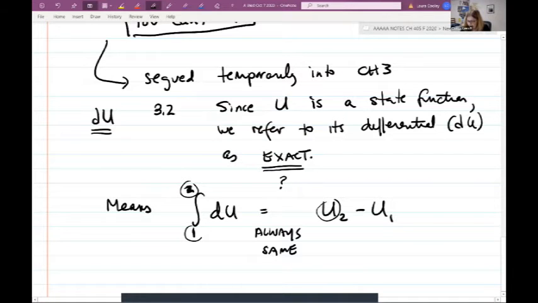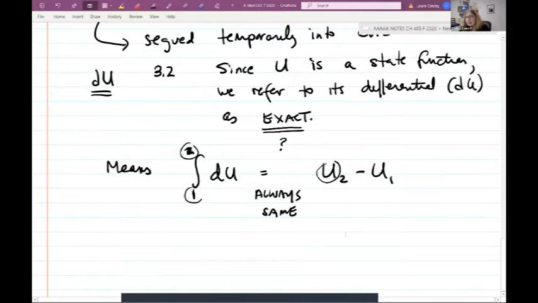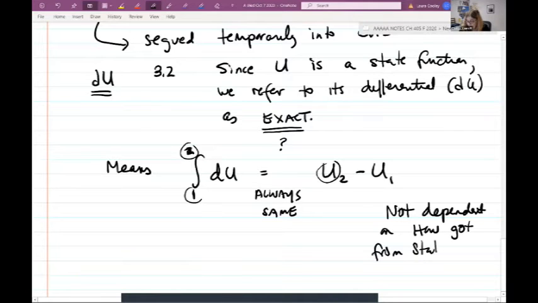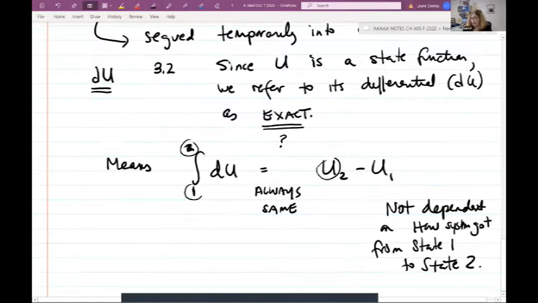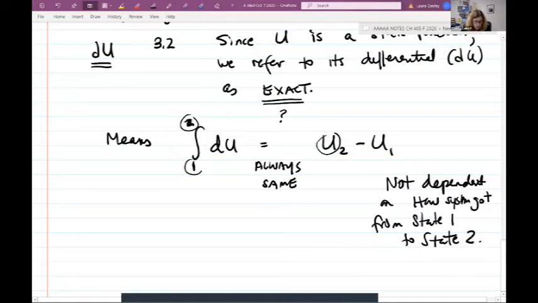So whenever you integrate a state function, you always get the same thing. It is not dependent on how you got from state 1 to state 2. It's not dependent on how the system got there. So we say that its differential is exact. The integral always gives the same result, regardless of the path that was taken.